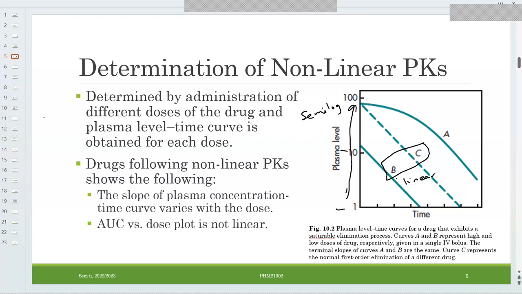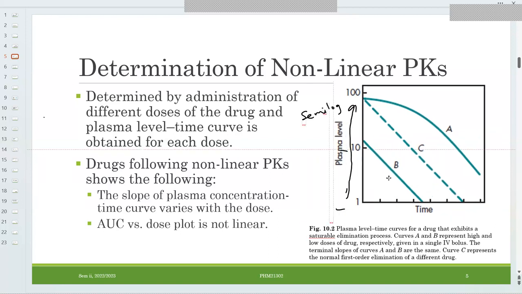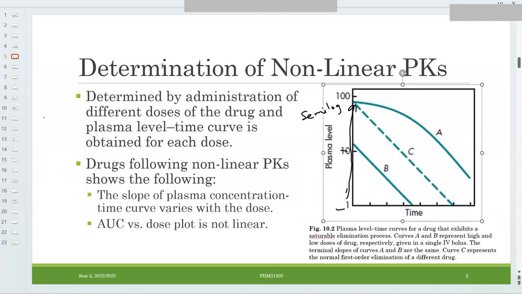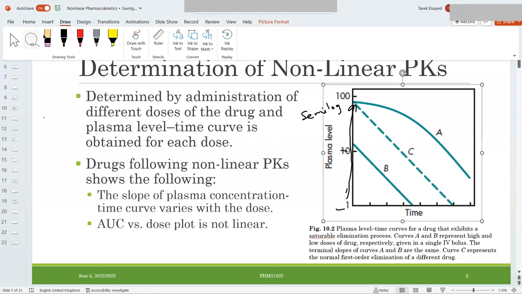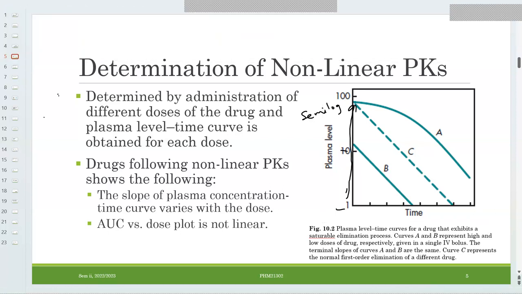Right? But if what you get is a linear decrease in concentration for the low dose and a nonlinear decrease in concentration at the higher dose, then this indicates nonlinear pharmacokinetics. Okay?